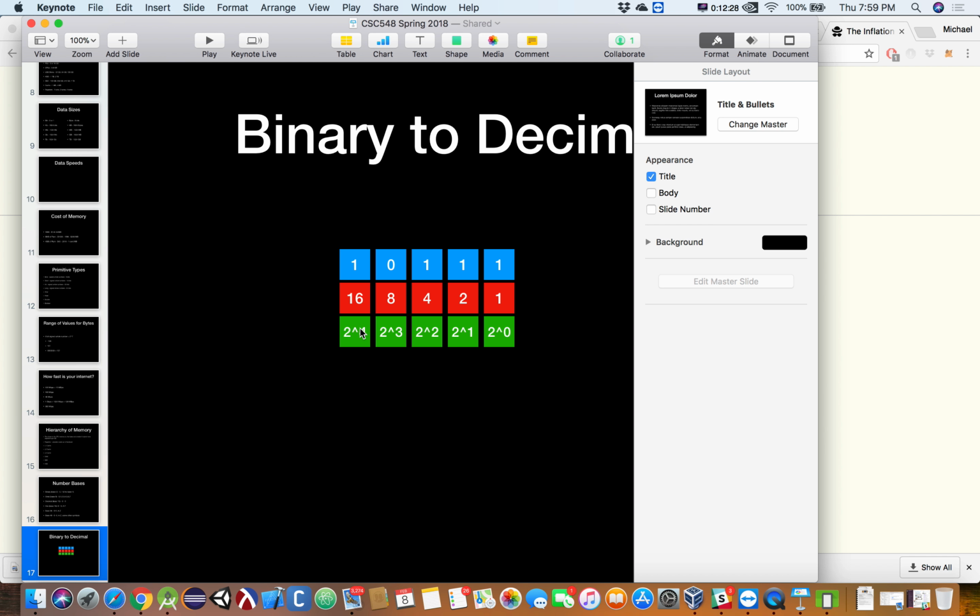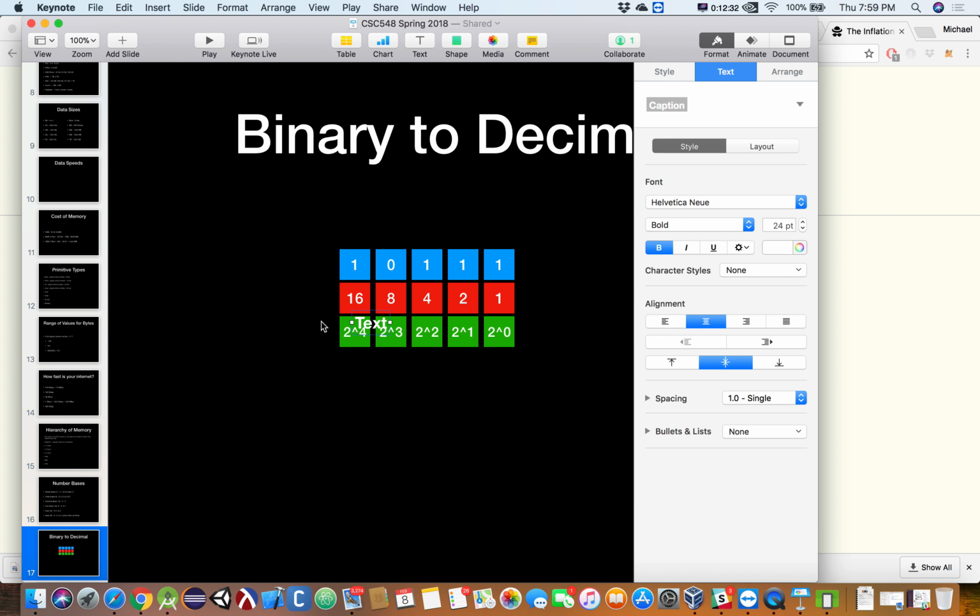Okay? So then when you convert this binary number to decimal, you multiply the bit that is in that position times the place value and add it to the next pair.